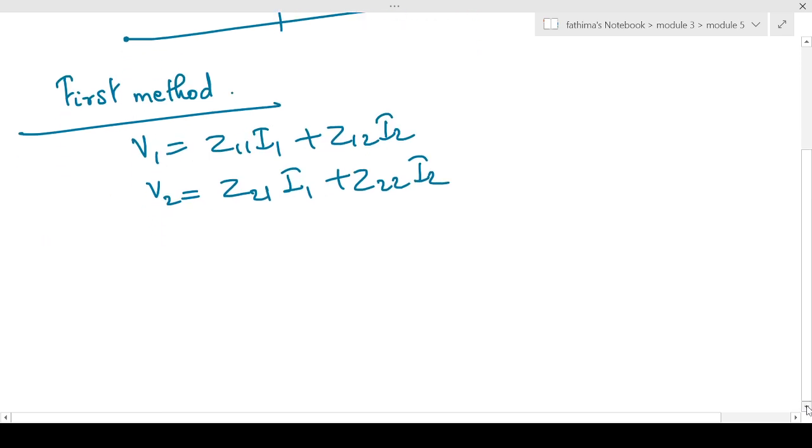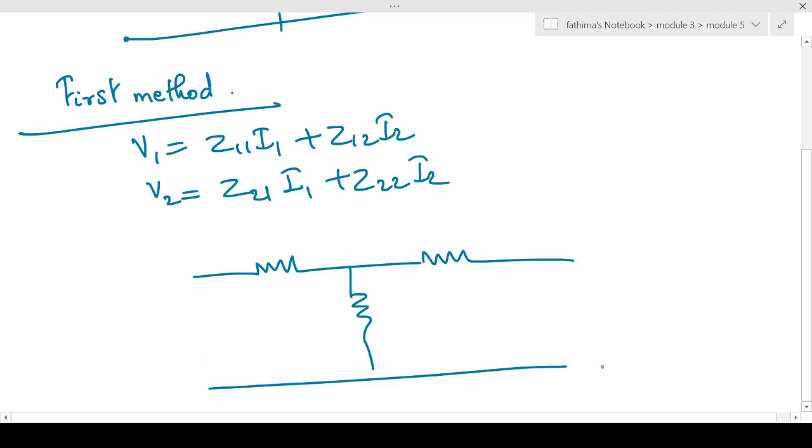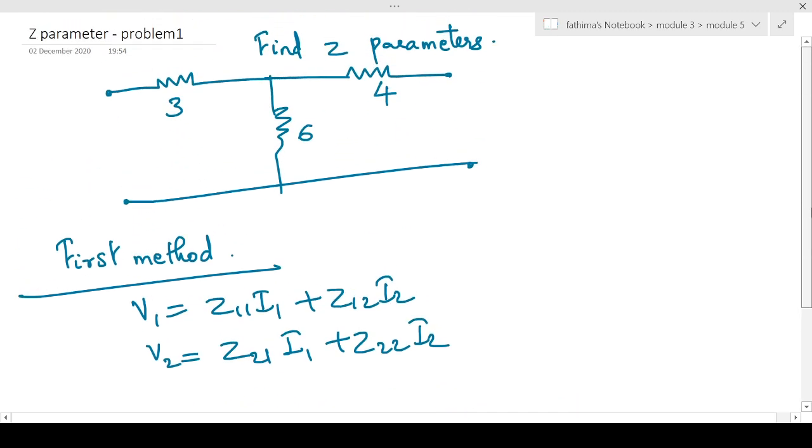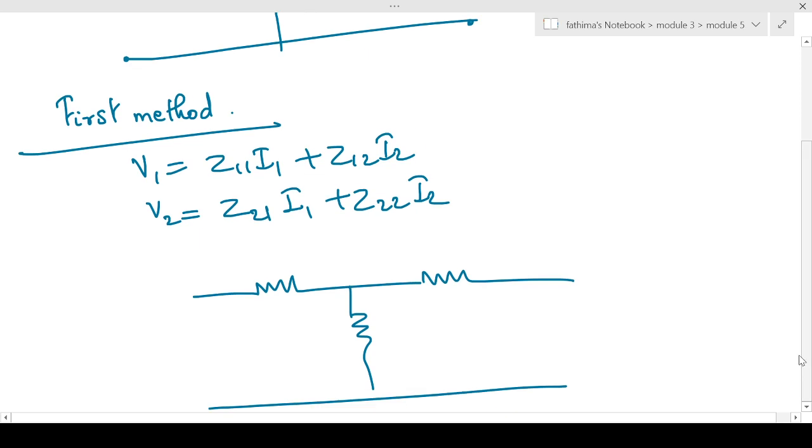So it's a T network actually. The values of the resistances are 3, 4 and 6. So let's mark the input voltage and output voltage and input current and output current.